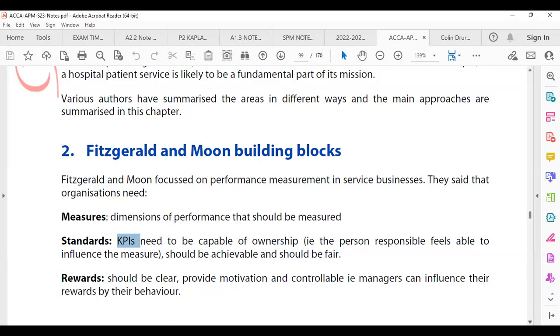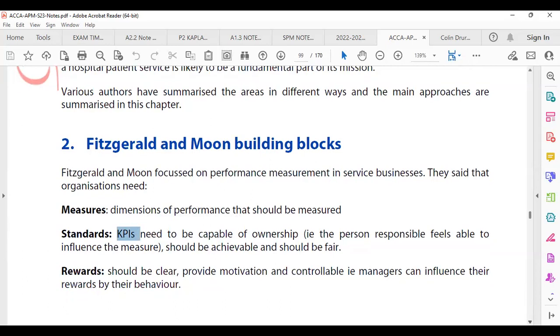As you may check, they say it is mostly used in services businesses, and it focuses on measures of dimensions of performance, KPIs, which are key performance indicators, to be capable of ownership, i.e. the person responsible feels able to influence the measure and it should be achievable.